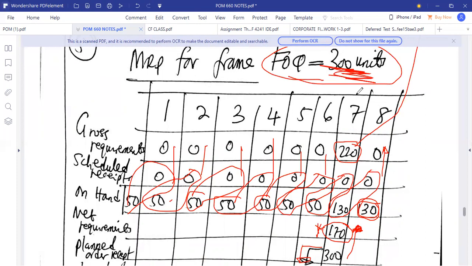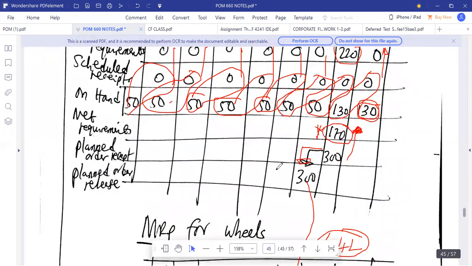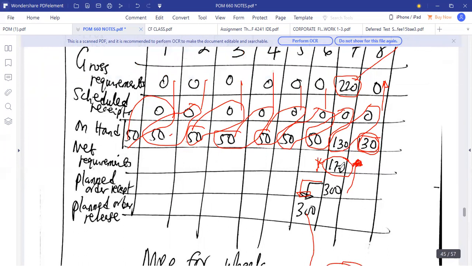So we have the fixed order quantity of 300 units here. When you order a fixed order quantity of 300 units and the net requirement is 170 units, it's very possible that you can have an on hand of 130. If you were ordering the net requirement, you would have ordered 170 units, so that we just clear the shortage.